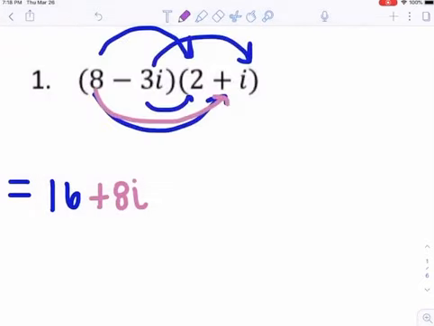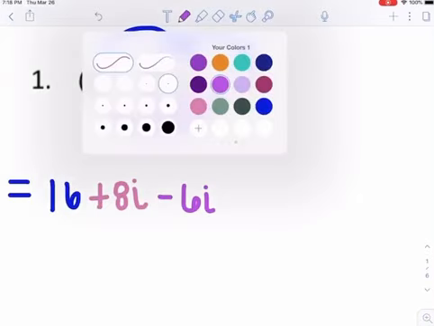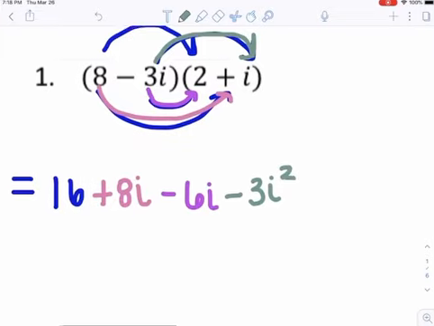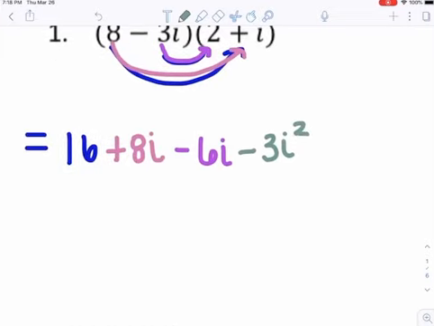I'm then multiplying negative 3i times 2. That's negative 6i. So the i doesn't change, right? You just multiply your real numbers together. And then I am going to multiply negative 3i times i, which is negative 3i squared.